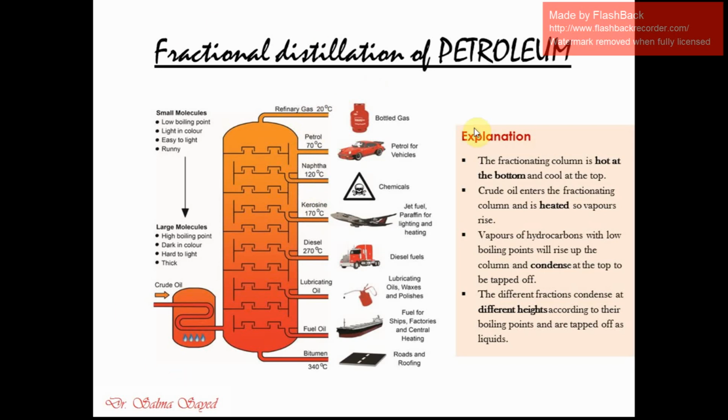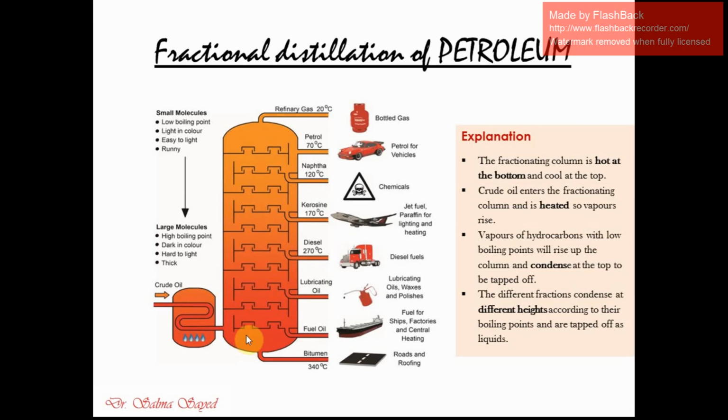Firstly, you should be able to describe the process of fractional distillation. If you realize the temperature differences, the fractionating column is hottest at the bottom and coolest at the top. So as I said, crude oil will enter preheated, the vapors will start rising, and then they will distill off or separate at different areas of the fractionating column according to the boiling points.